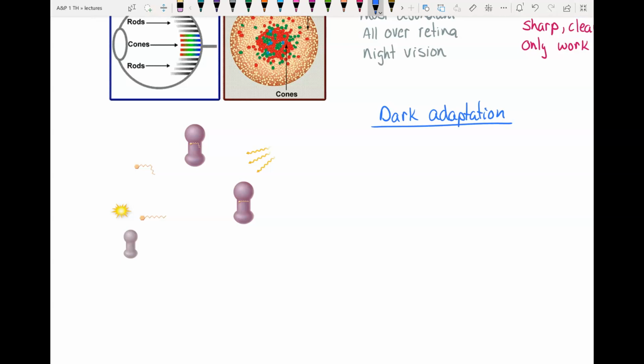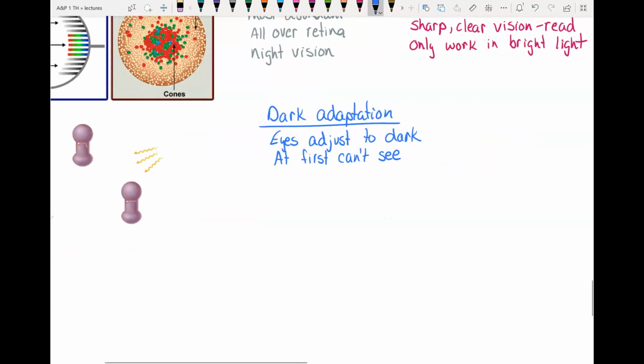So dark adaptation is when your eyes adjust to the dark. And at first you can't see. But then after a few minutes you can.